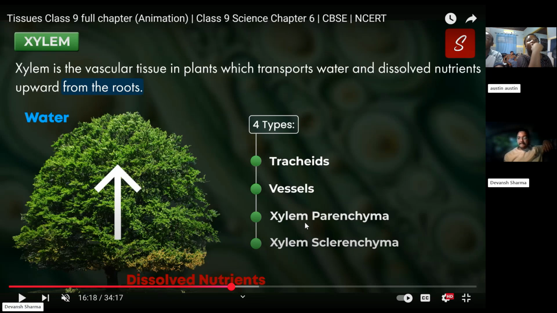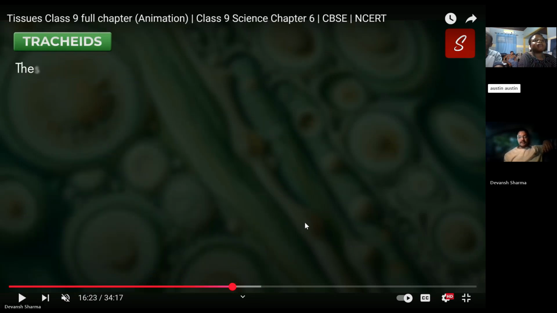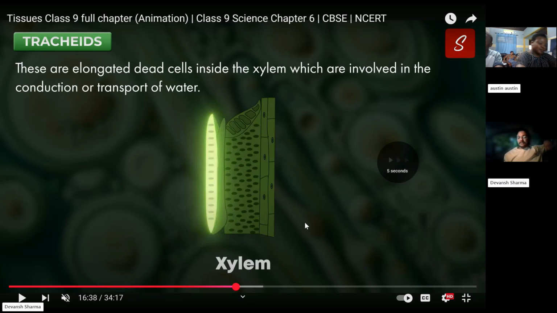Now you understand? Okay, shall we move ahead? So now one by one we will study about it. See, this is the structure of the xylem. This is how the xylem looks in a plant.